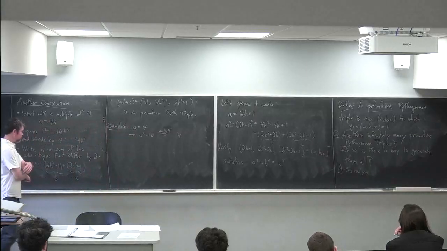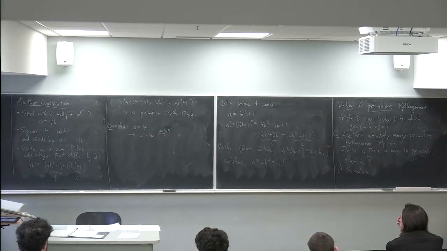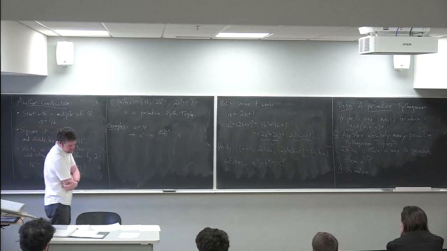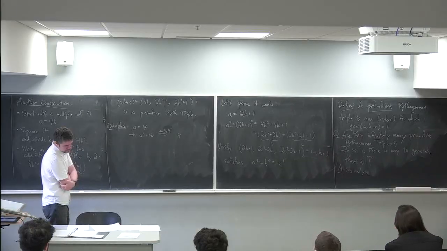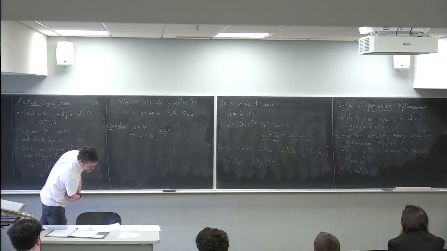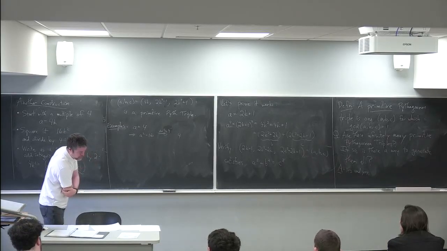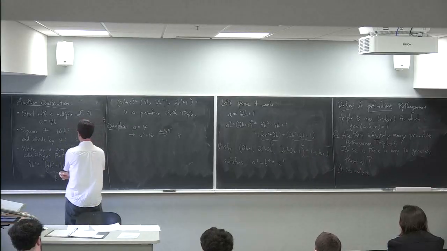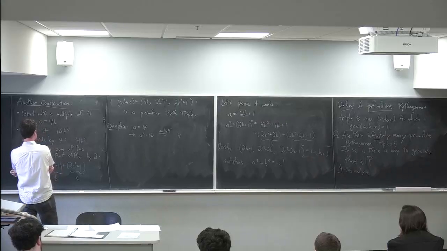And then what you're supposed to do is write this as, what did I do? I feel like I did something wrong. Was I supposed to divide by 2 and not 4? Yeah, I think I messed this up. I'm sorry. Yeah, the way I explained it was totally wrong.